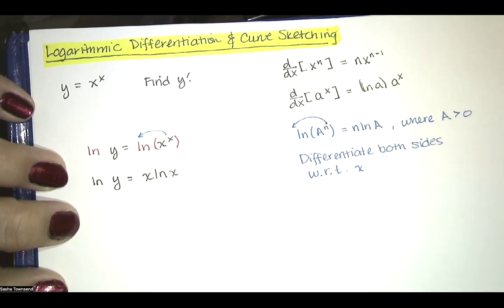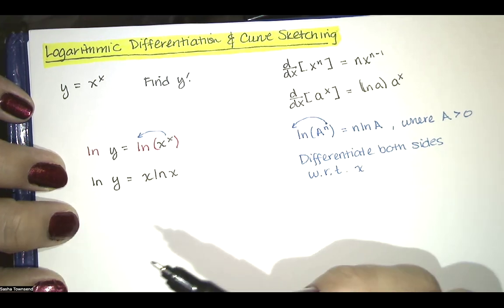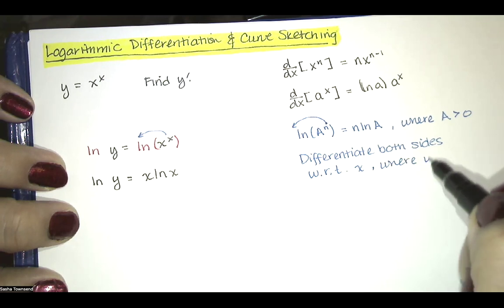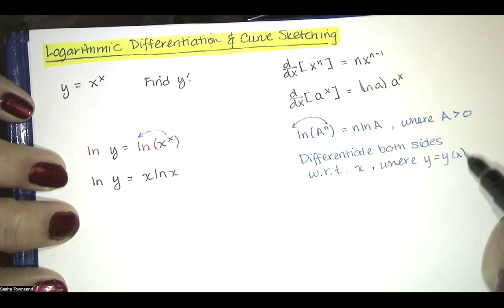And when I say implicitly with respect to x, what I mean is anytime I see a y, I'm remembering that y is equal to a function of x.